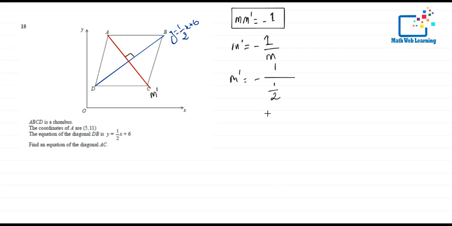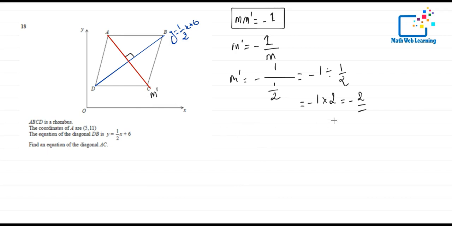You could use algebra for it, or the normal way of dividing fractions. So you get minus 1 divided by a half. You know how to do this, right? You change the division to multiplication, and then you flip the other fraction. And that will give you a gradient of minus 2. So that's the gradient of the red line here, A to C.